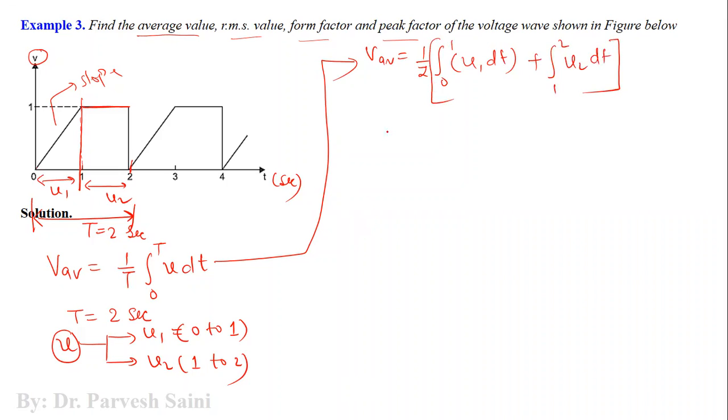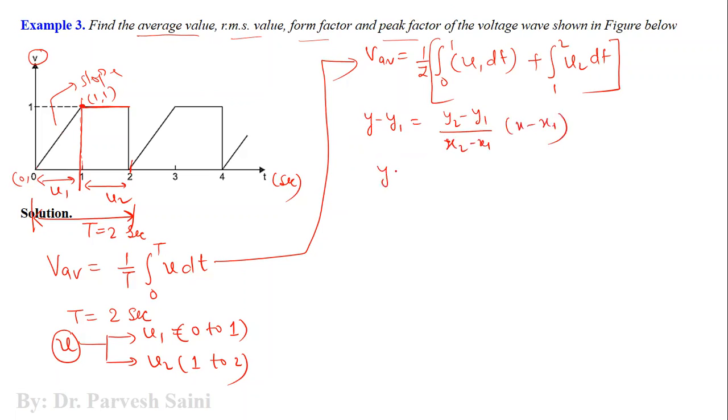So if you see here, now what is V1? To find out V1, you can calculate it using the simple equation of a line. These two coordinates are 0 and 0 here, and here you have the coordinates 1 and 1. So we'll use this formula: y minus y1 is equal to y2 minus y1 divided by x2 minus x1, into x minus x1.